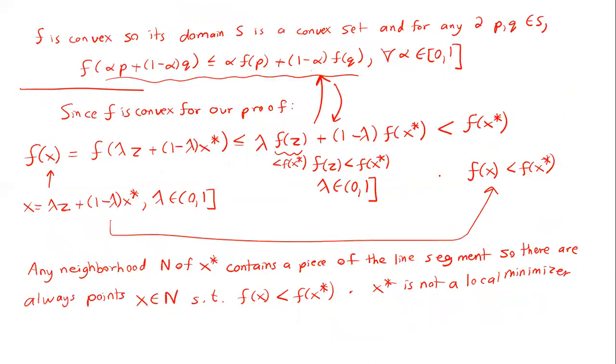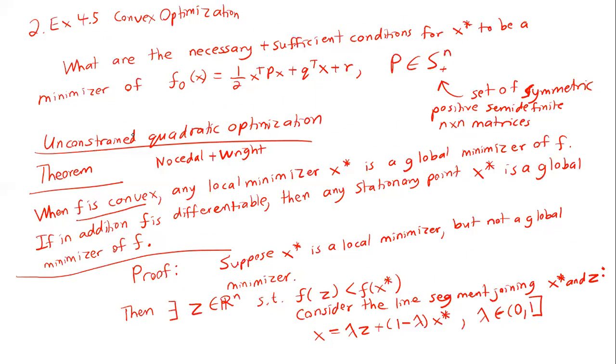So therefore, it should be a global minimizer. And so now we have to do the second sentence. This is really powerful. This tells me that if I have a convex function and I find a local min, I've also found the global min of that function, which is really great.